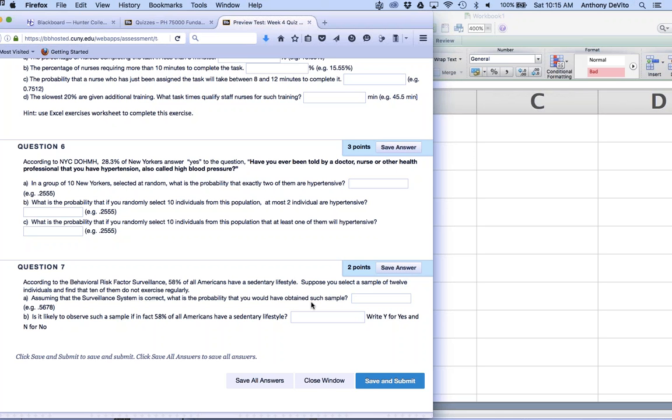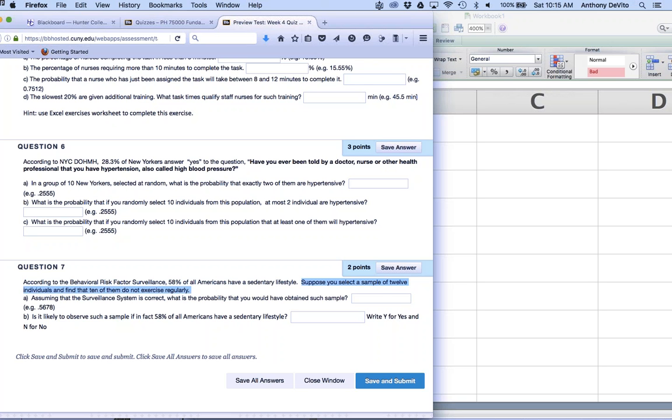Now, just a little bit of interpretation here. This could be 2 questions. Well, what's the probability that you would get exactly 10? Let's see, a sample of 12 people, find that 10 of them do not exercise regularly.